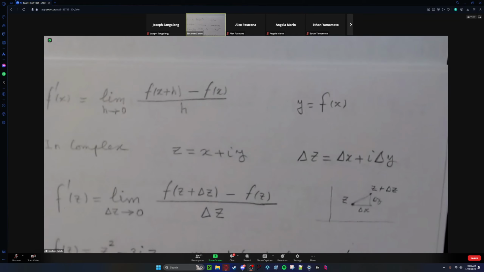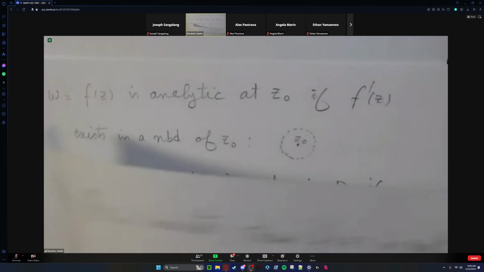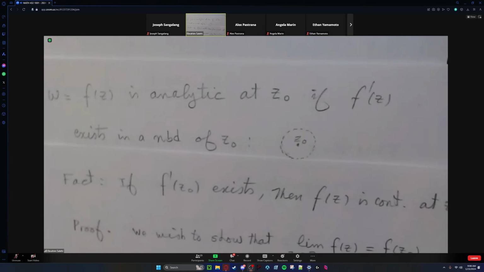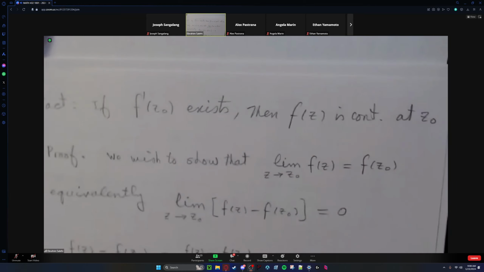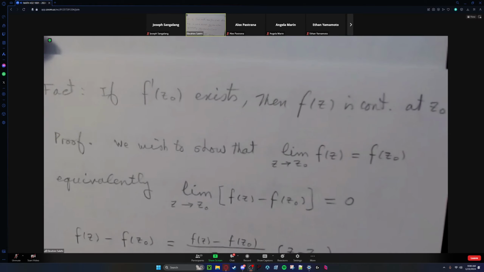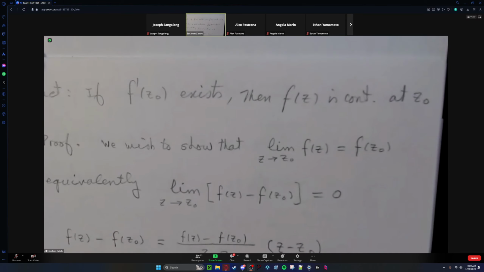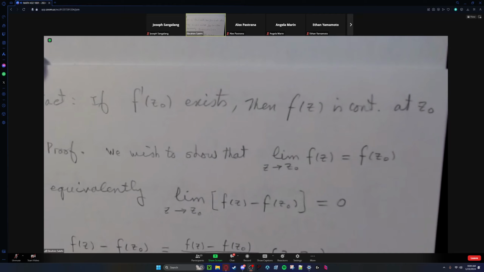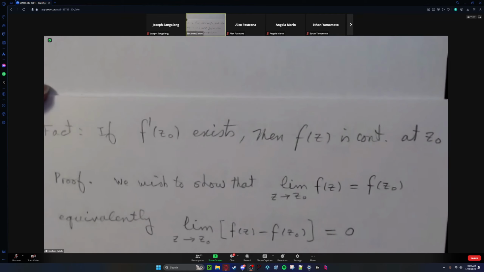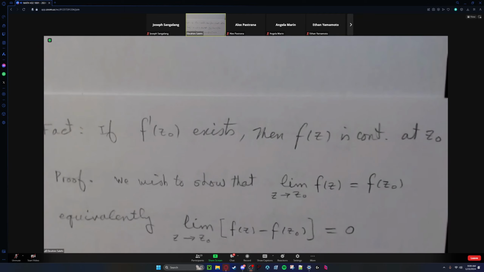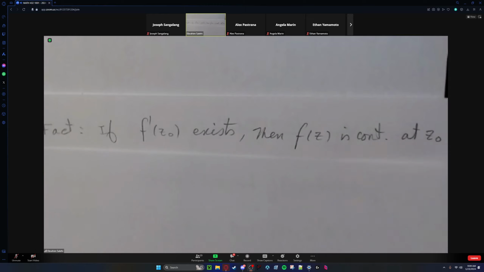Any question? Any comment? So here is some theoretical fact. If the derivative exists, then the function is continuous. Right? Beautiful fact.